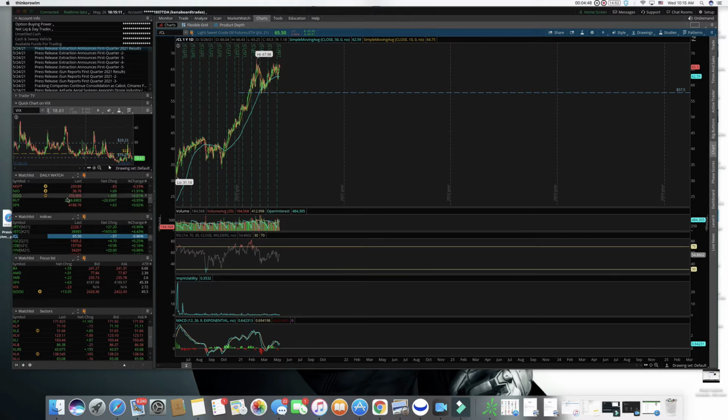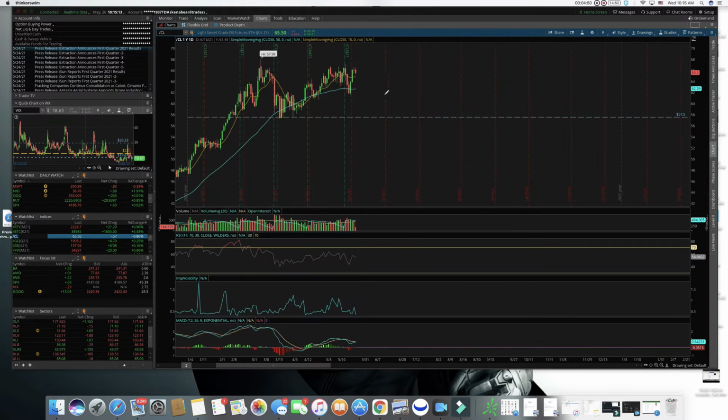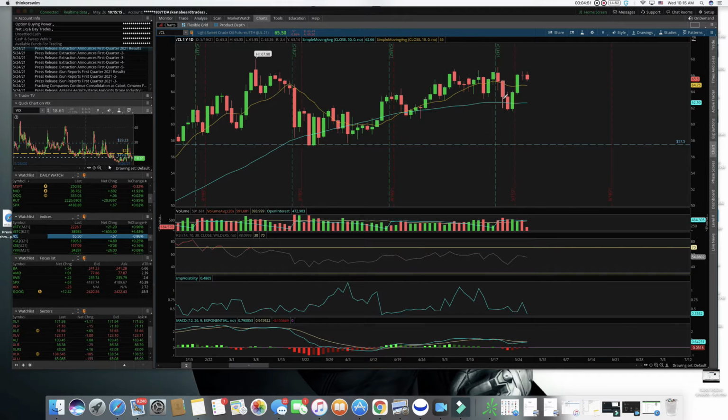Looking at crude oil here, crude oil is still consolidating sideways in conjunction with these simple moving averages. Seeing some overhead resistance about right here for crude oil though, pulling back. So crude oil is stagnant, consolidating. Most of the markets are having some overhead resistance, so seeing kind of the same thing for crude oil.